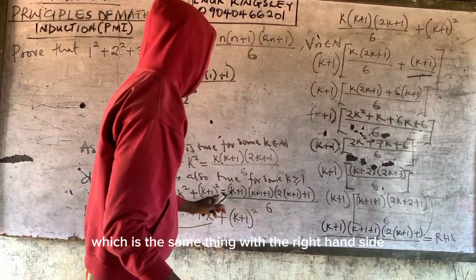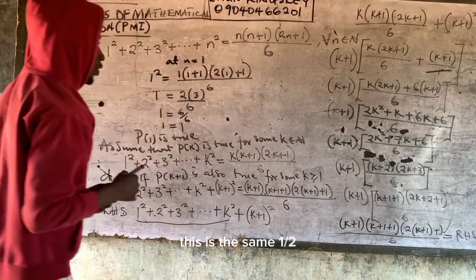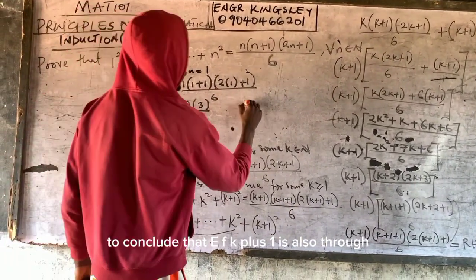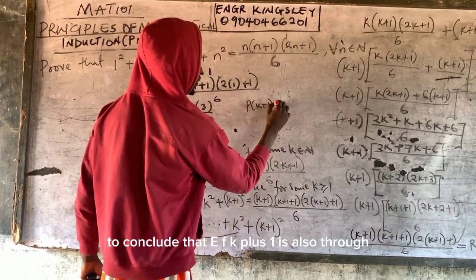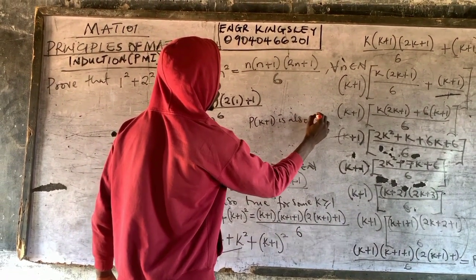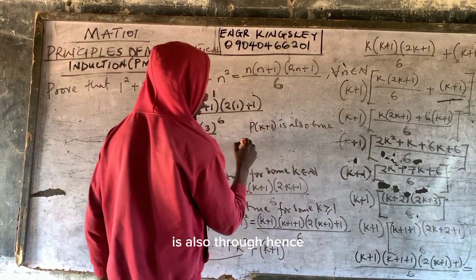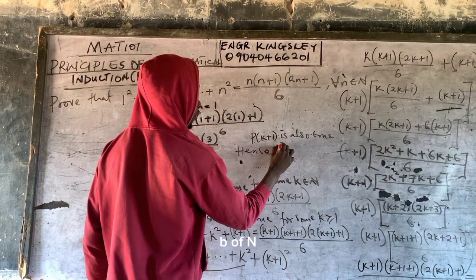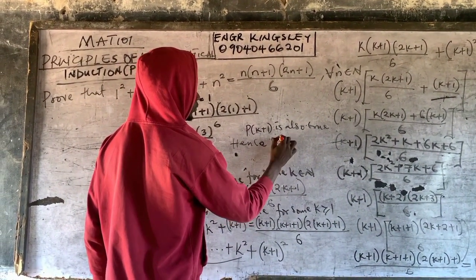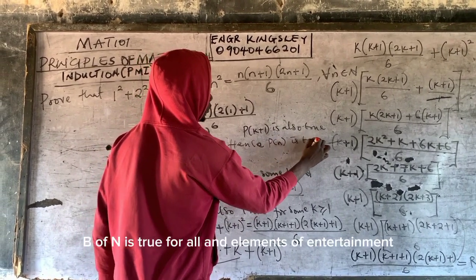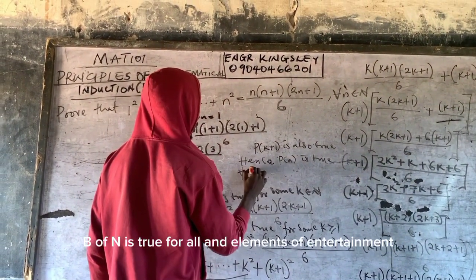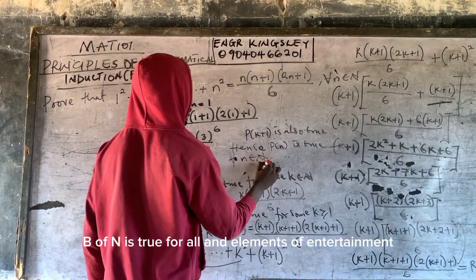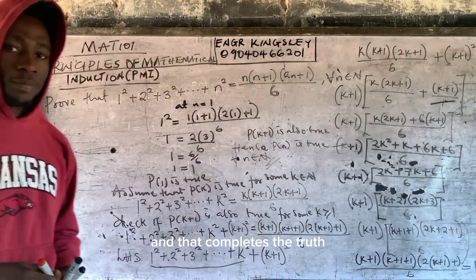And since it's the same, one has to conclude that P of k plus 1 is also true. Hence, P of n is true for all n elements of natural number, and that completes the proof.